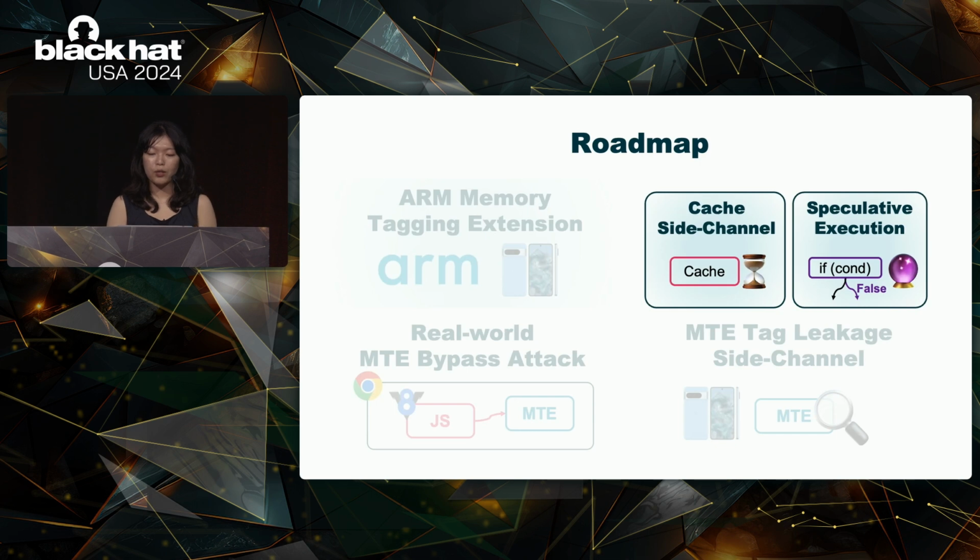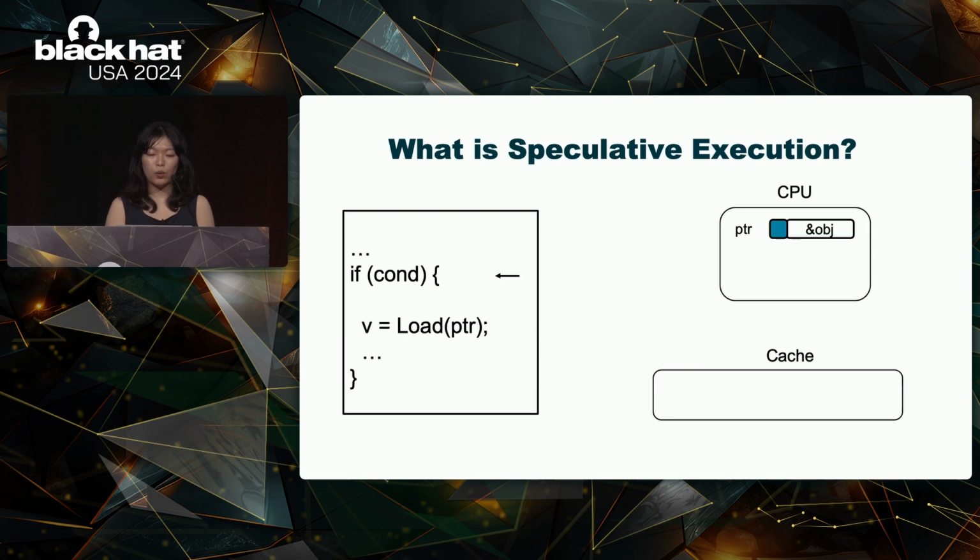Next, we exploit one of the most common CPU optimizations called speculative execution. So what is speculative execution? Assume the CPU executes a code on the left side and is currently running the line pointed by the arrow. On the right side, the CPU contains a pointer that points to an object. And since the CPU has encountered an if statement here, it needs to decide whether to take the true or false branch.